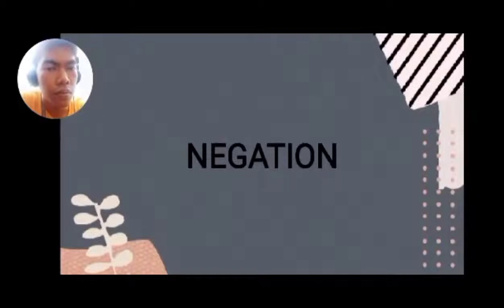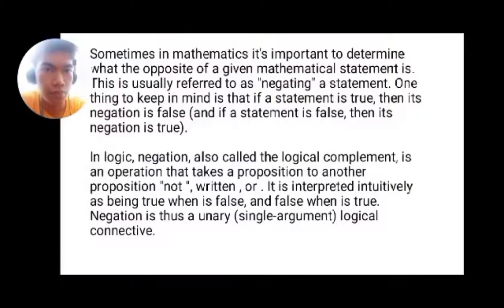So, the next is negation. Sometimes in mathematics, it's important to determine what the opposite of a given mathematical statement is. This is usually referred to as negating a statement. One thing to keep in mind is that if a statement is true, then its negation is false.